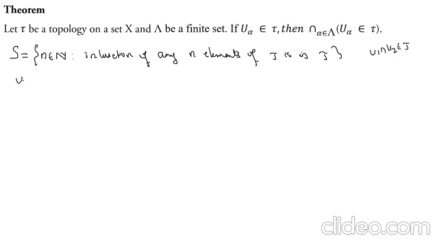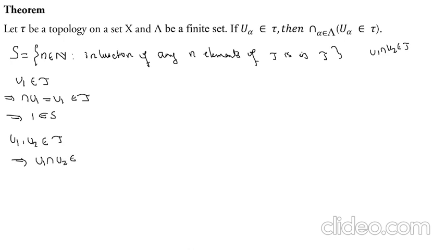So let U1 belong to tau. Then the intersection of U1 is nothing but U1, which belongs to tau. That means 1 belongs to S by the definition of the set S. And again let U1 and U2 belong to tau. By the definition of topology, the second condition, we get U1 intersection U2 belongs to tau.